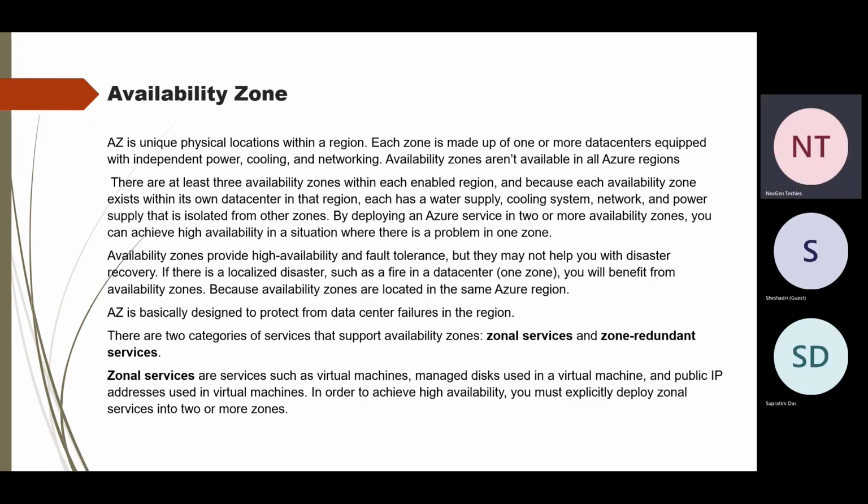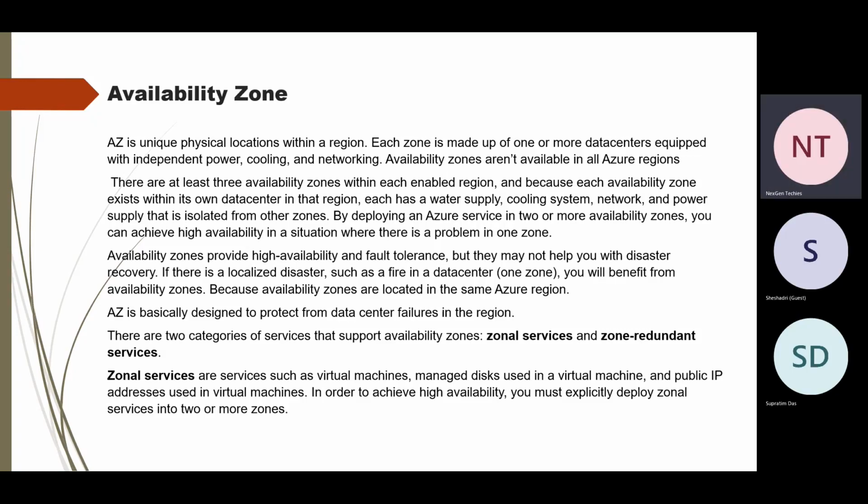Availability zones provide high availability and fault tolerance, but they may not help you with disaster recovery. So we can use availability zones for high availability, but for disaster recovery we cannot use them. If there is a localized disaster such as a fire in the data center of one zone, you will benefit from availability zones because they are located in the same Azure region.